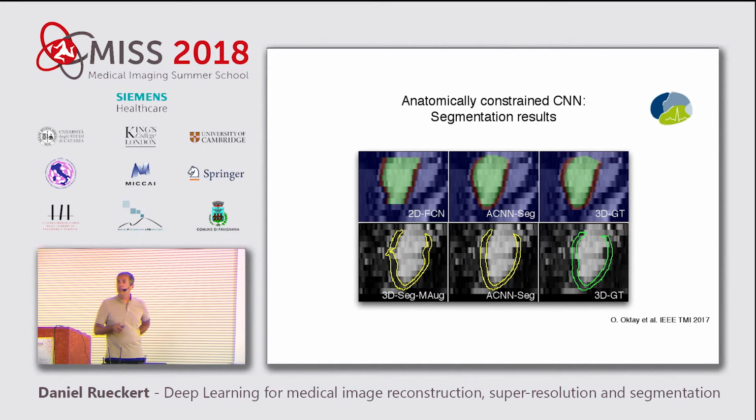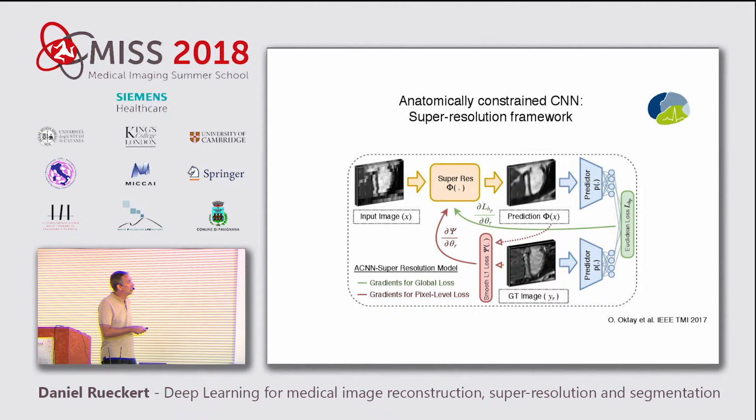But you can do the same with the super resolution path. Your super resolution model is going to predict a super resolved image. You minimize the L1 error to your ground truth high resolution image. But you're also doing this other minimization of the latent space error by putting the image through the intensity part of the predictor, predicting the latent code, and doing the same thing with the ground truth labels. Okay?